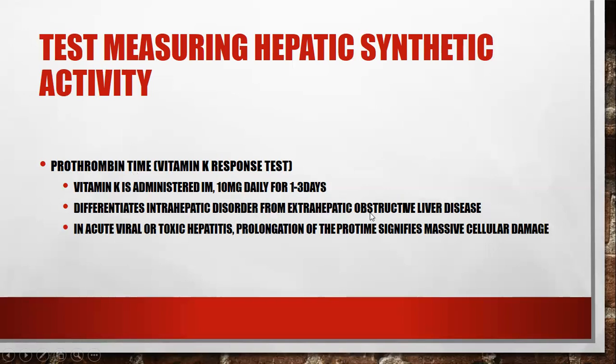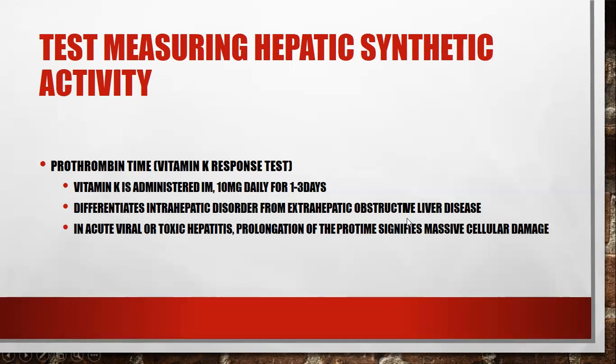In extrahepatic obstructive liver disease, what's likely to happen is that there's actually nothing wrong with the liver itself. However, there is obstruction in the passageway of these substances, the biliary duct system.